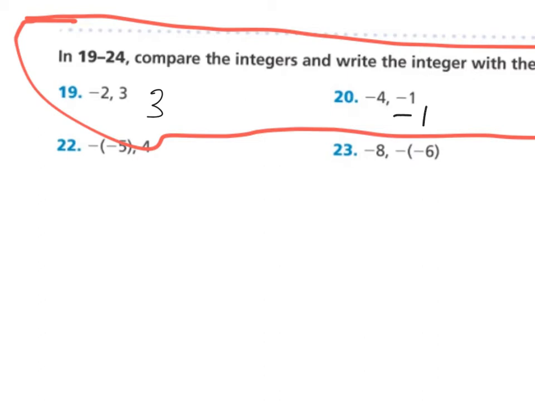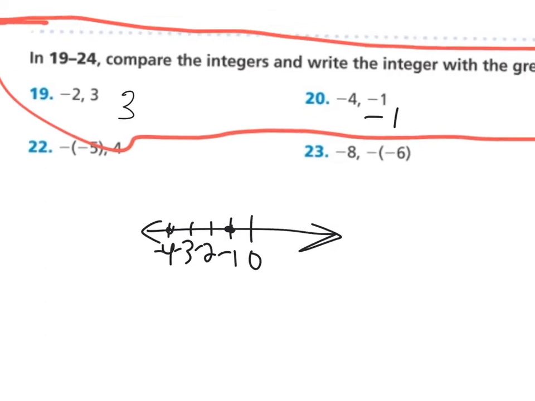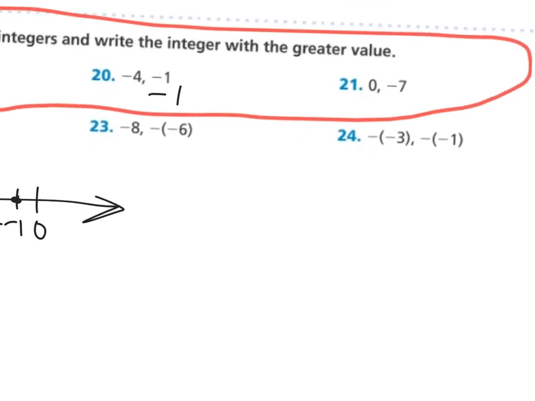These are both negatives. So again, if you want to think of on your number line, negative 1, negative 4, whichever one's further to the right. And basically you could say it's less negative, so it's a bigger number. And number 21, we have 0 and negative 7. So the greater number there would be 0.